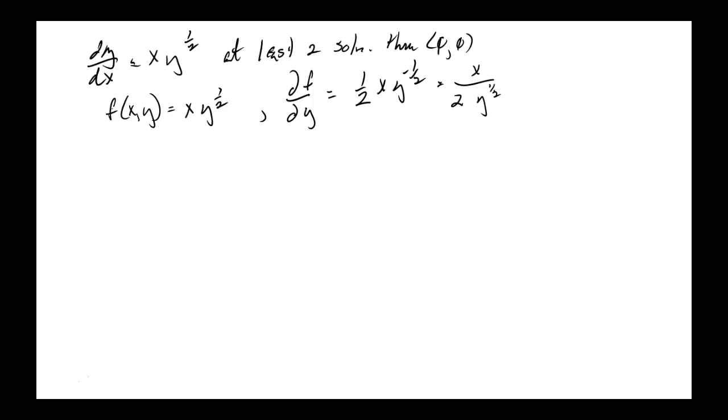This is continuous. That one's not, because that has a y of 0 in the denominator. Can't do it. So you see, that's why this had two solutions at that value.